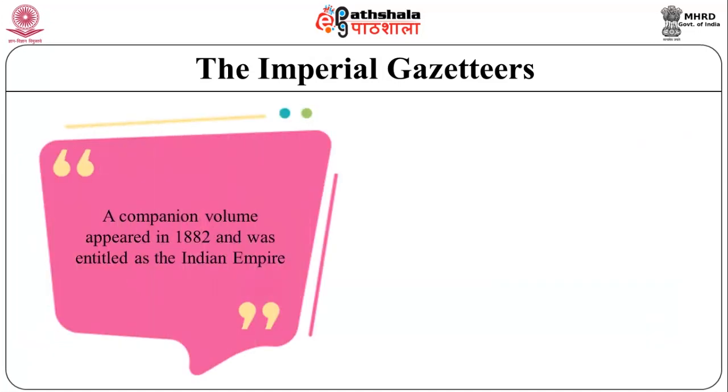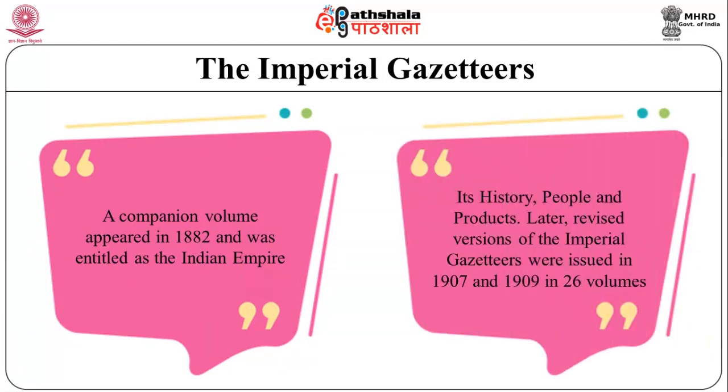A companion volume appeared in 1882 and was entitled The Indian Empire, Its History, People and Products. Later on, revised versions of the Imperial Gazetteer were issued in 1907 and 1909 in 26 volumes.